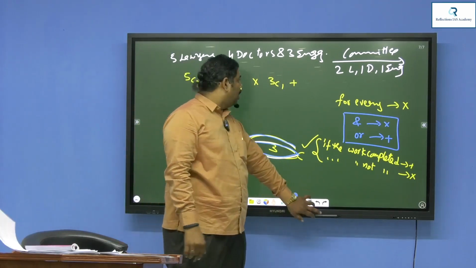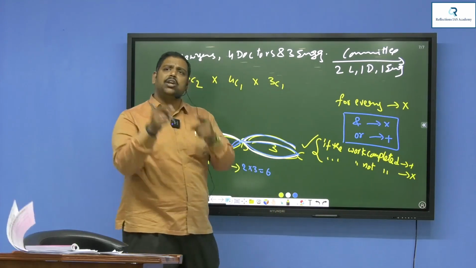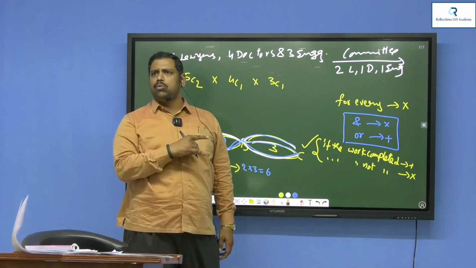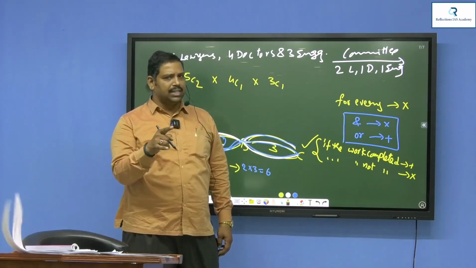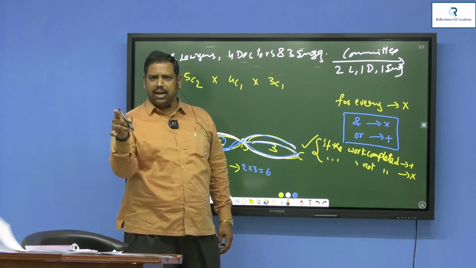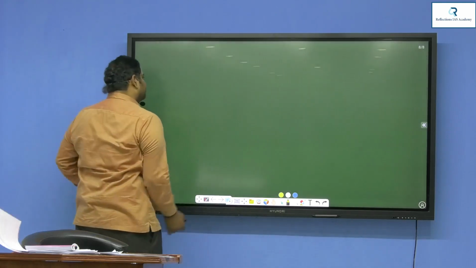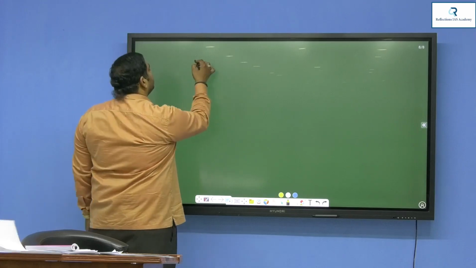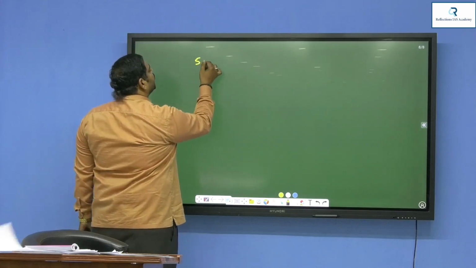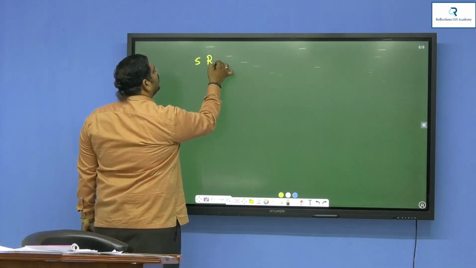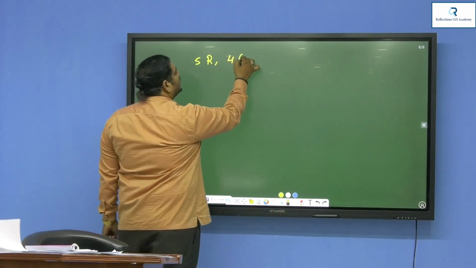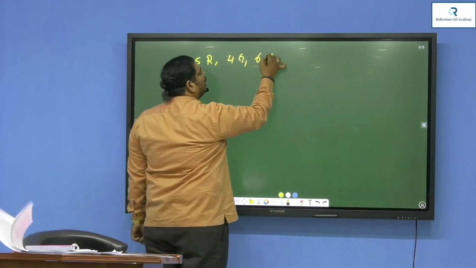Okay, good. Now I am asking you one question. Already I have explained that into is used if the work is not completed. One question, observe that. In a class, there are 5 red shirt people, 4 green shirt people, 6 yellow shirt people.